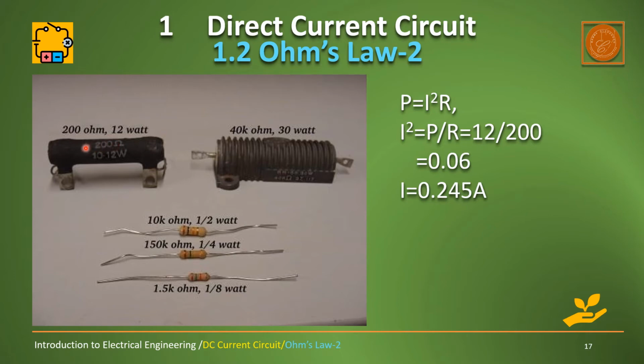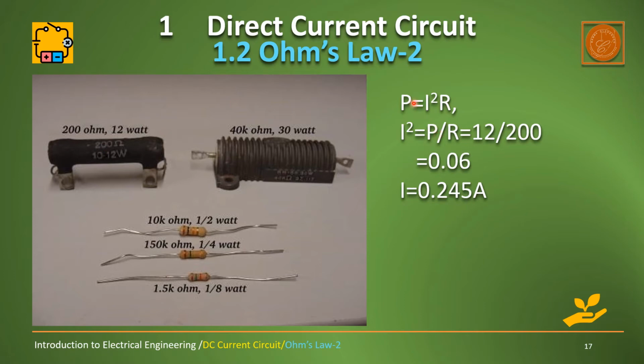If the current is increased and the power dissipated on this resistor is greater than 12 watt, this resistor will overheat. We can calculate what current can safely pass through the resistor.